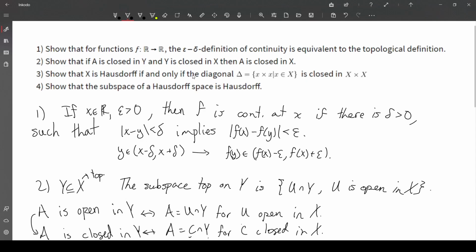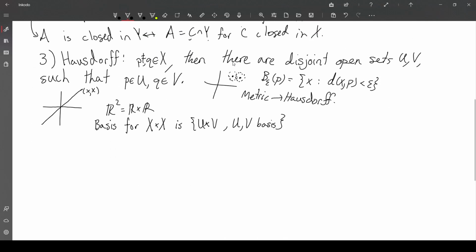And so the problem is to show that the diagonal is closed if and only if x is Hausdorff. And the idea is that if you have some point outside the diagonal and you have some open set which is around the point.